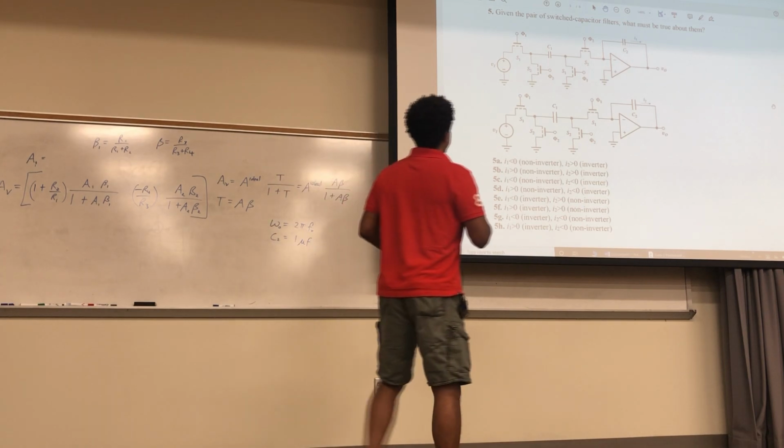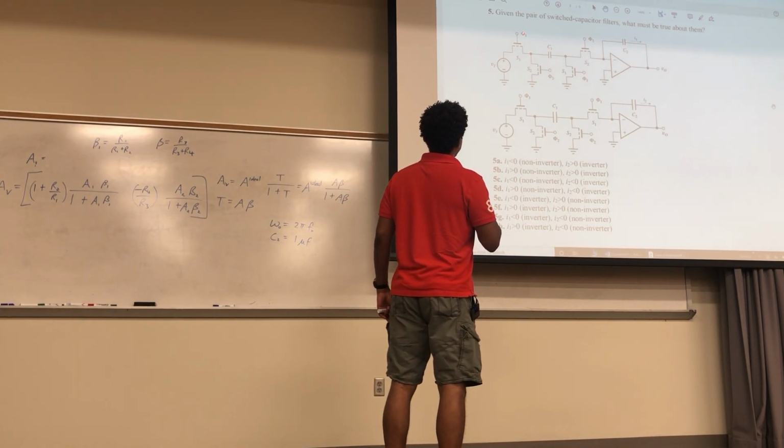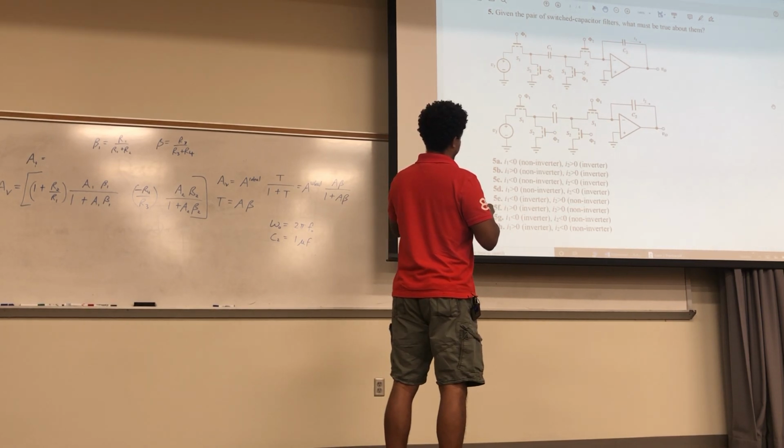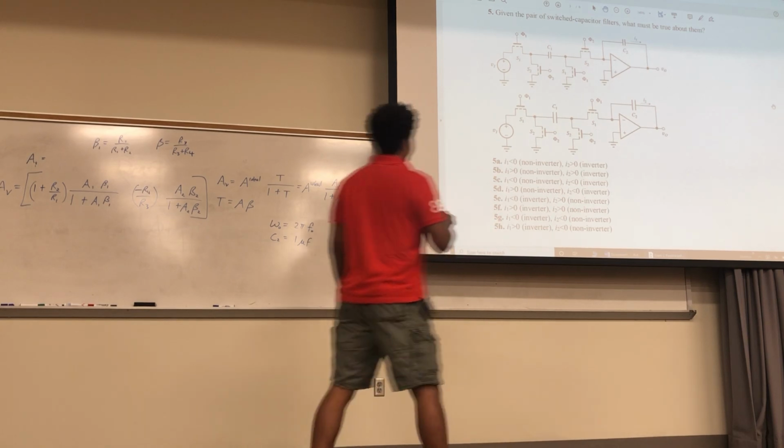So either the phi ones right here and here, when these are both closed, so current is able to pass through them, then these phi twos are both open. So they become like open switches and nothing can pass through. Same here.